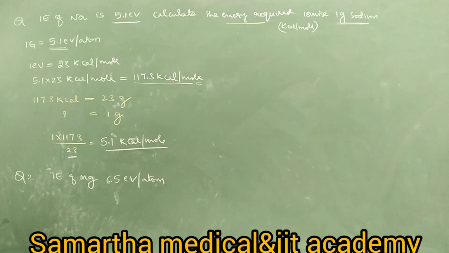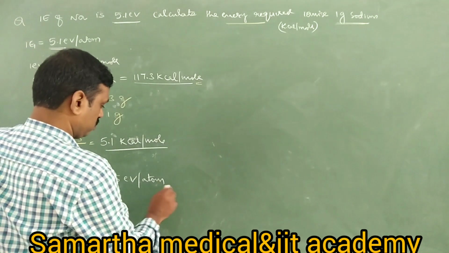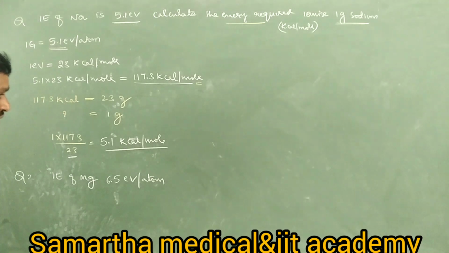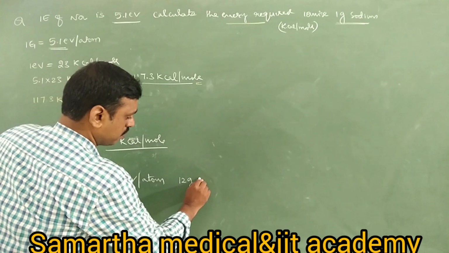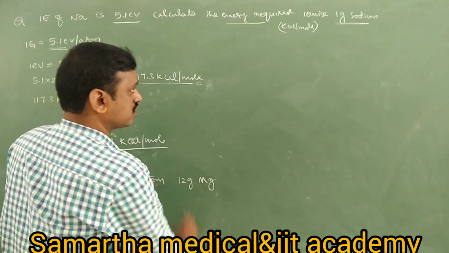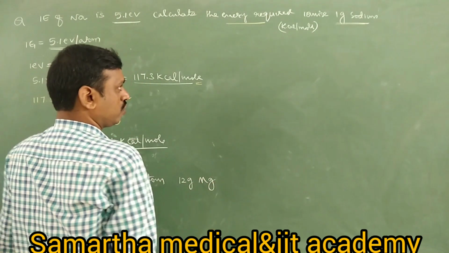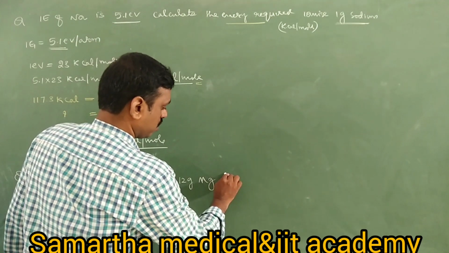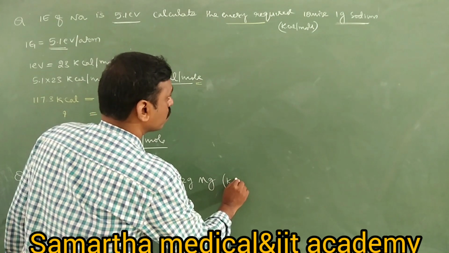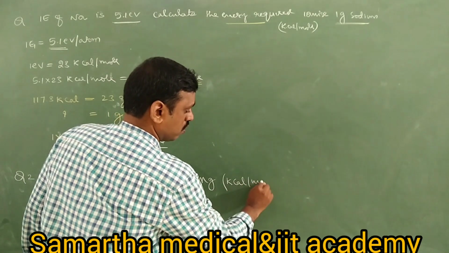Calculate the energy required to ionize 12 gram magnesium in gaseous state. In bracket, it should be in kilocalories per mole.